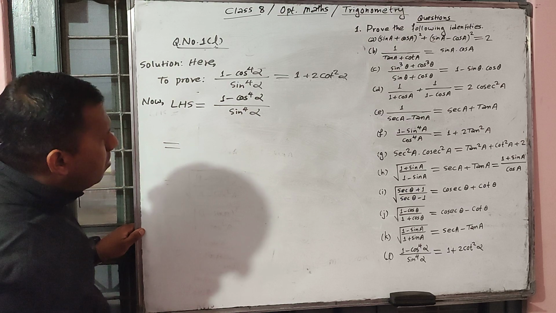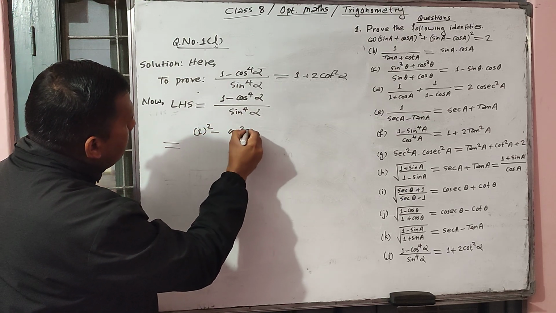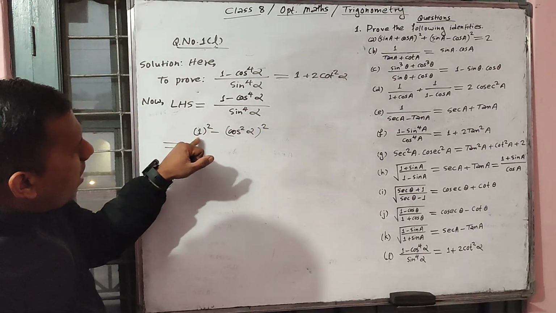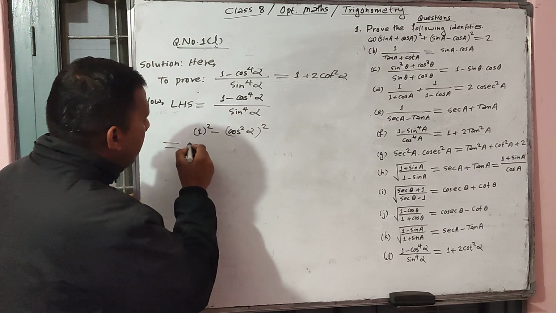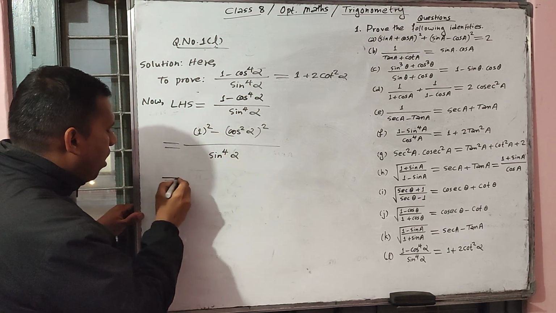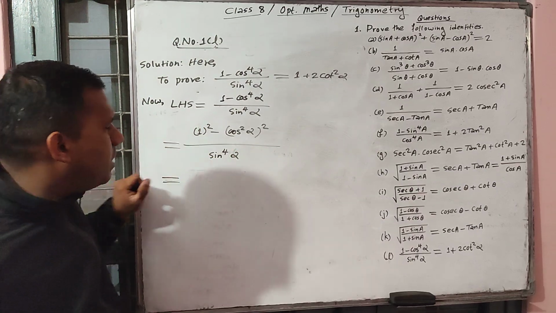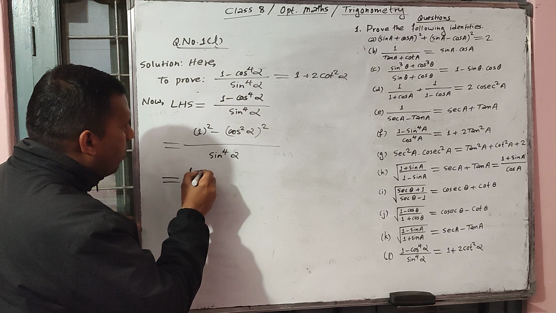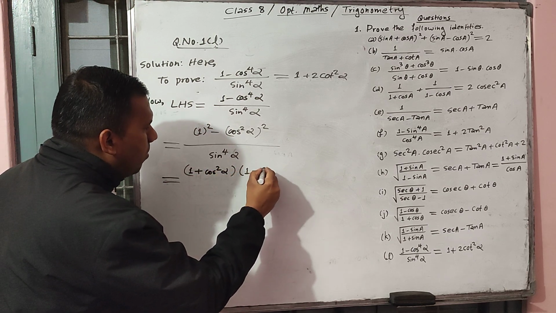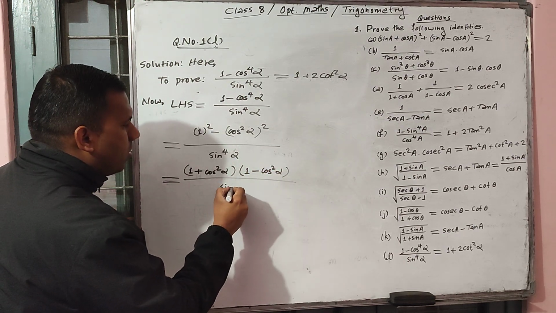This equals (1 whole square minus cos square alpha whole square), making a square minus b square form, upon sin to the power 4 alpha. Now using the formula a square minus b square, that is (a plus b)(a minus b).